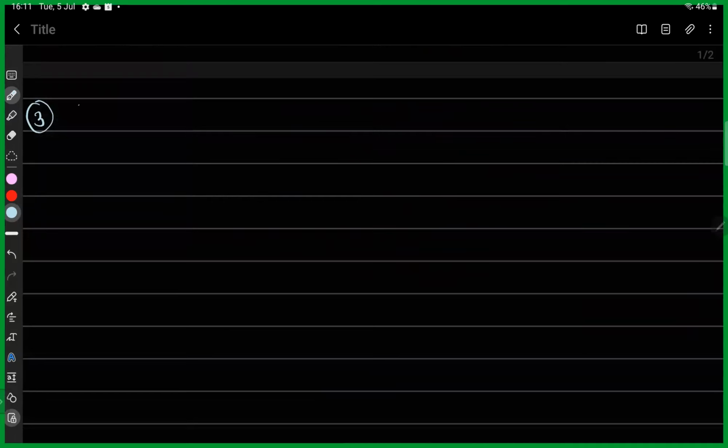It says divide x cubed plus 3x squared plus 3x plus 2 by x plus 2.